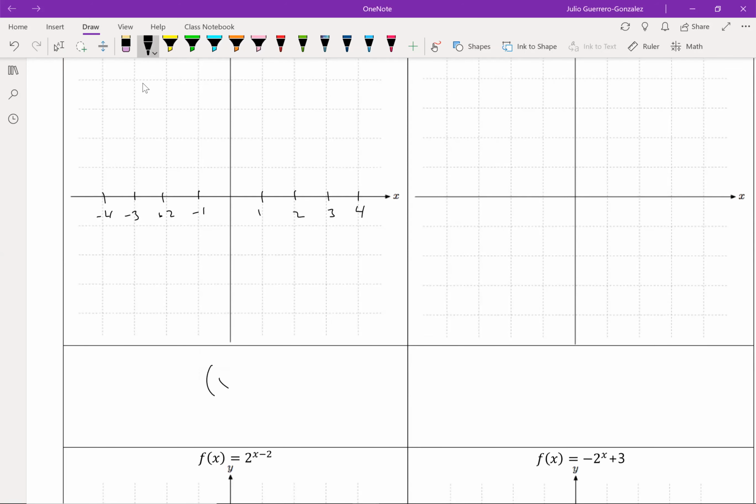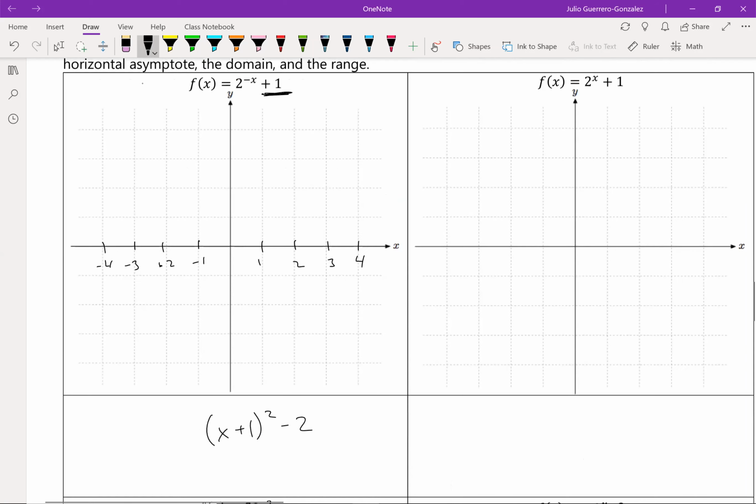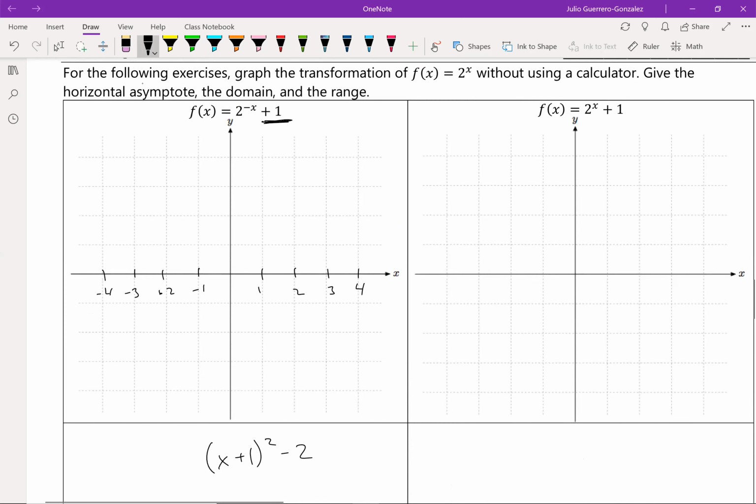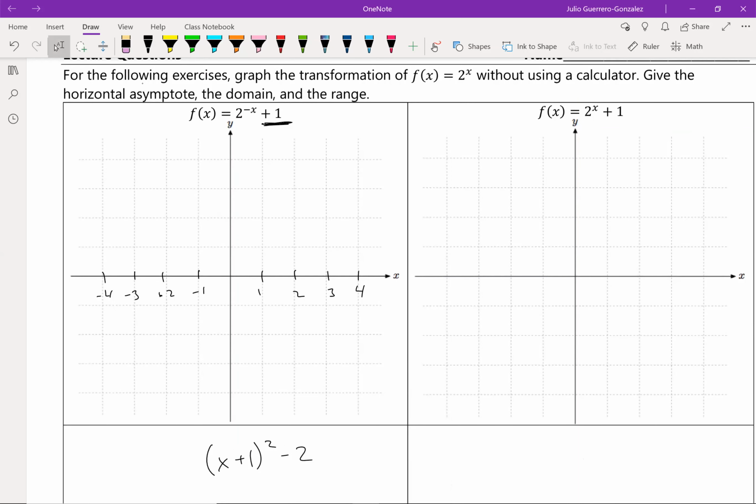So this, right? x plus 1 squared minus 2, I think I said. So would that give you the point at -2? And I'm just confused because I'm so used to seeing that +1 where the -2 is.